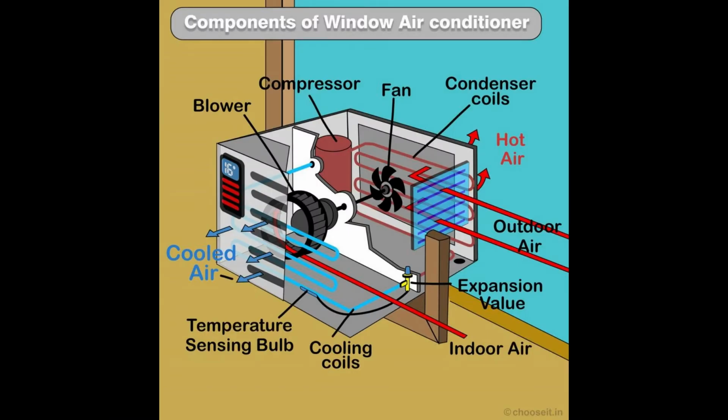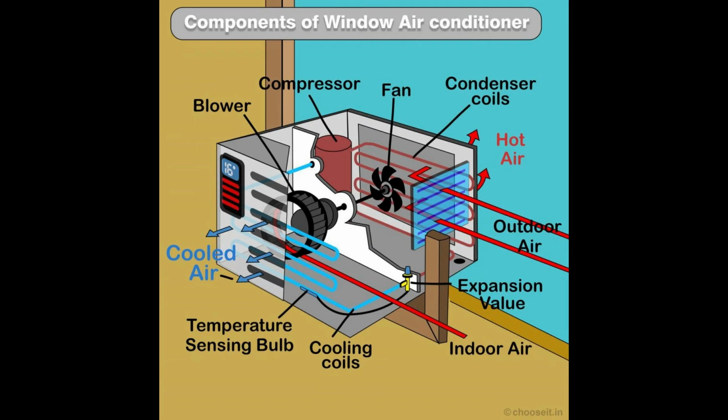So if you look at this photo, you'll find the main components of the HVAC: the compressor, the condenser, the expansion valve, and the evaporator, also known as the cooling coil. So it's all a compact unit, and that's why it's called monoblock.